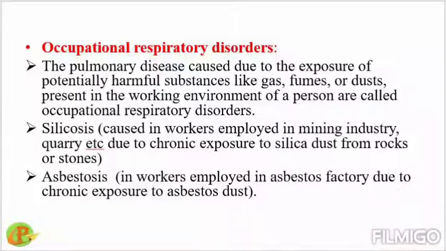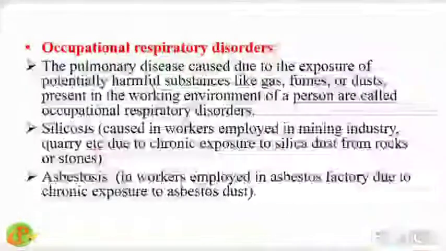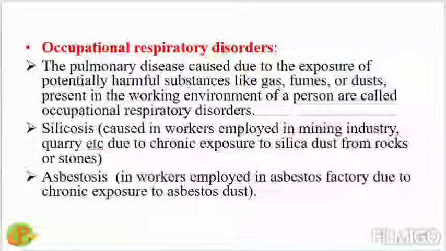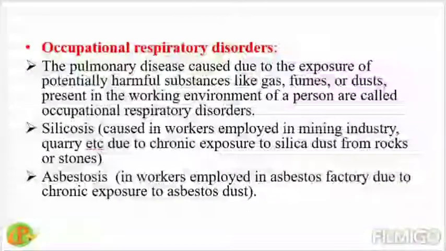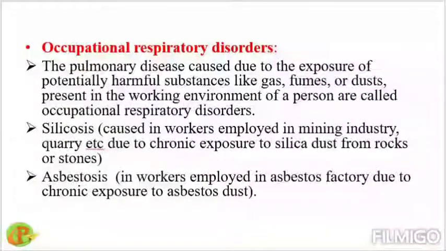Next, occupational respiratory disorder. It occurs in people whose occupation or jobs are at mining sites or industrial areas where there is more chance of being exposed to smoke, dust, etc. So these are pulmonary diseases due to frequent exposure to harmful substances like gas, fumes, dust, etc. An example is silicosis.